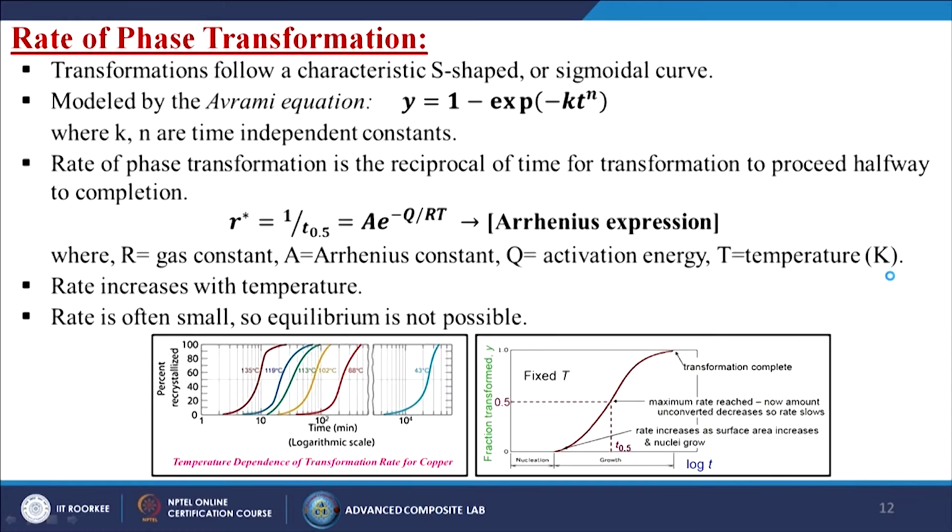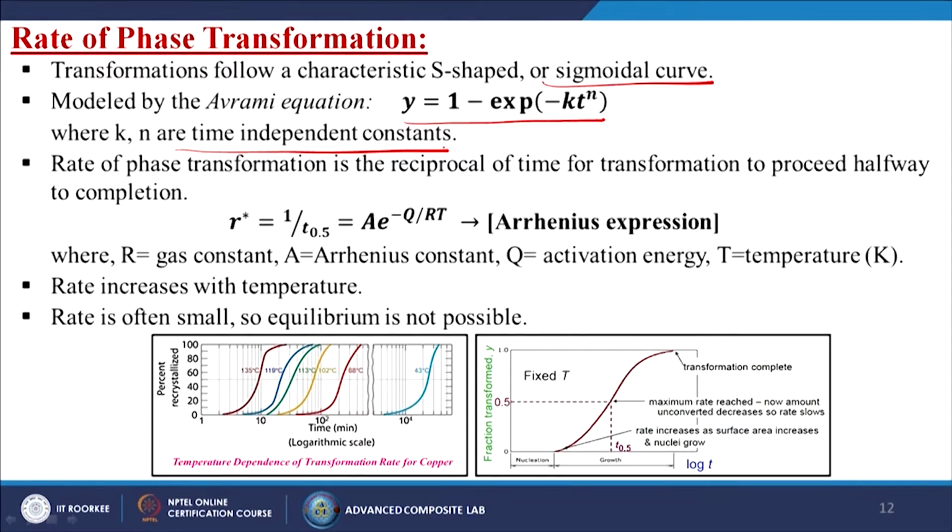Transformations follow a characteristic S shaped, or sigmoidal, curve. It is modeled by the Avrami equation, which is y is equal to 1 minus exponential of minus k t to the power n, where k and n are time independent constants.